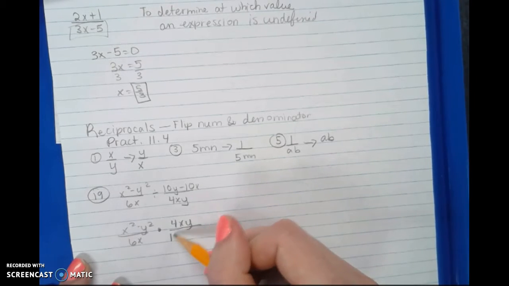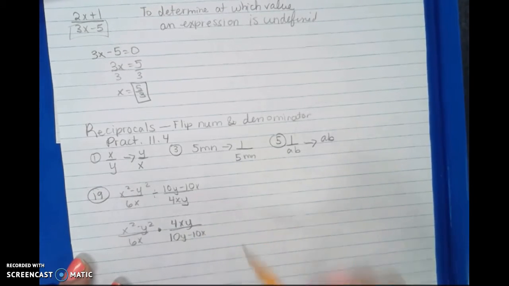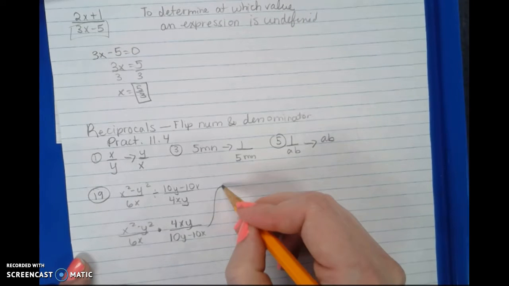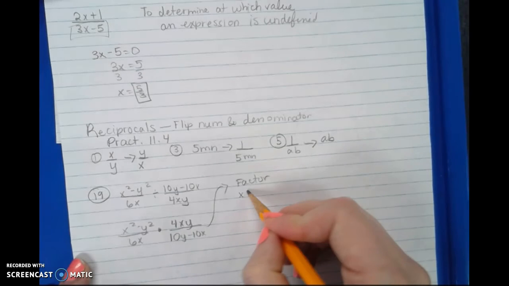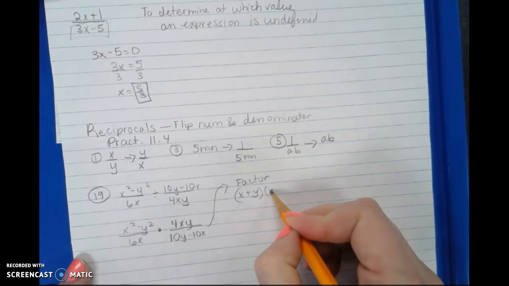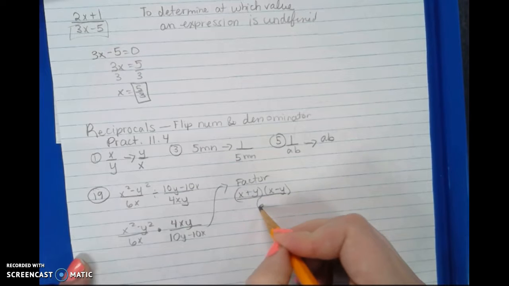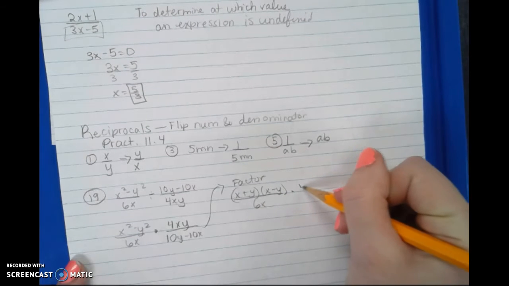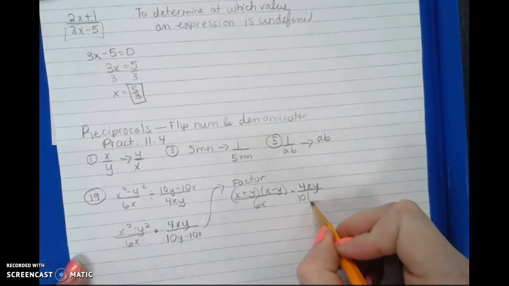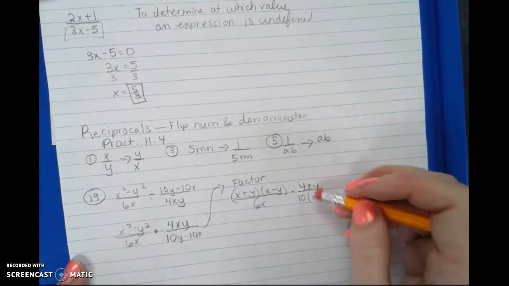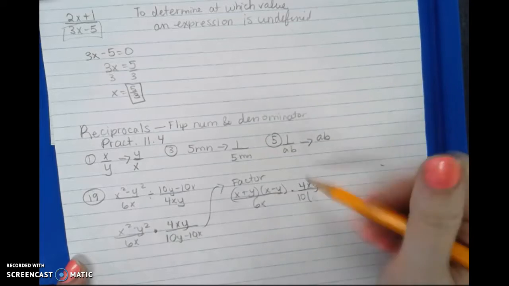You get 4xy over 10y minus 10x. Now your next step is to factor. X squared minus y squared is x plus y times x minus y over 6x times 4xy over, notice the 10 here that can pull out, 10 times y minus x.